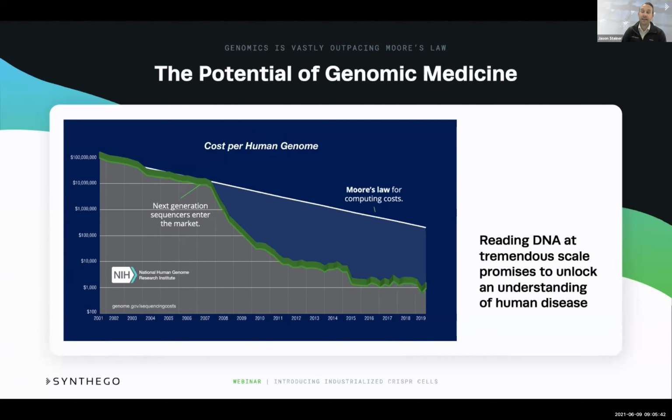This information has been studied, analyzed, correlated, cross-referenced with phenotypic data, clinical data, and other data sources in thousands of genome-wide association studies in an attempt to really identify what the underlying drivers of certain types of biology, particular disease, are.